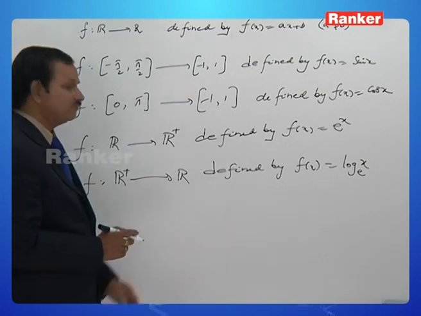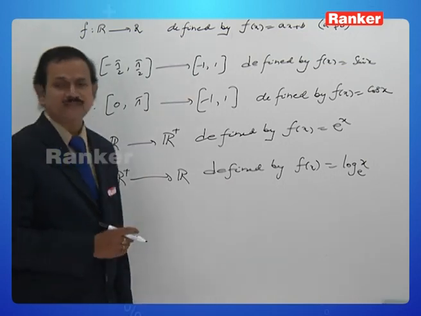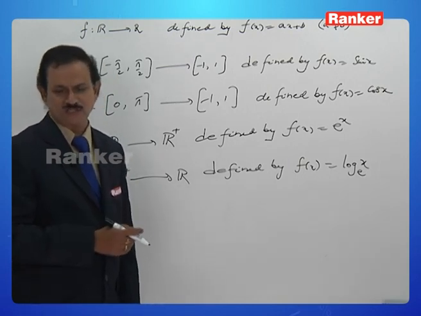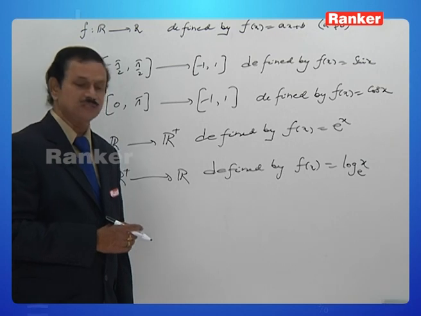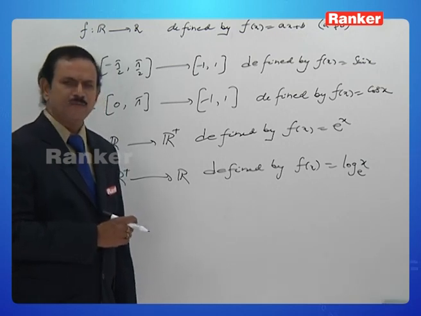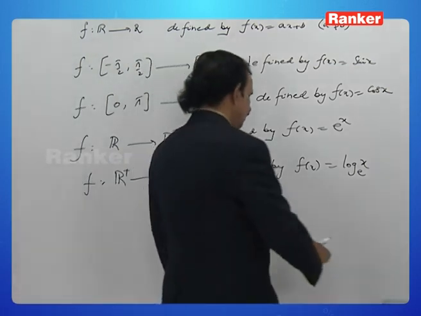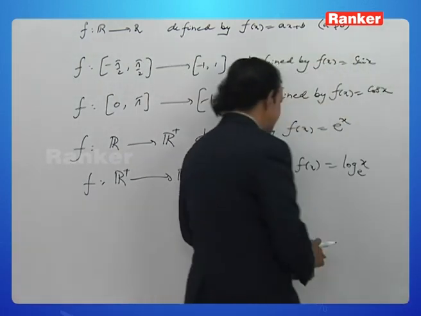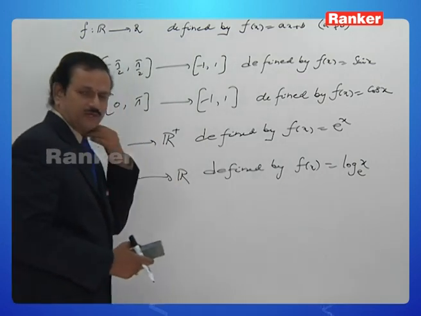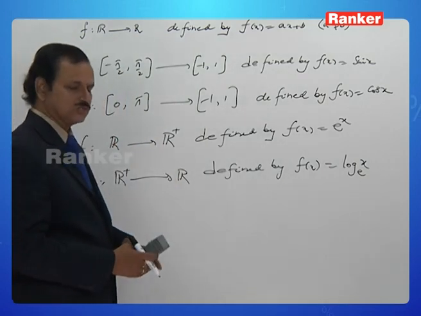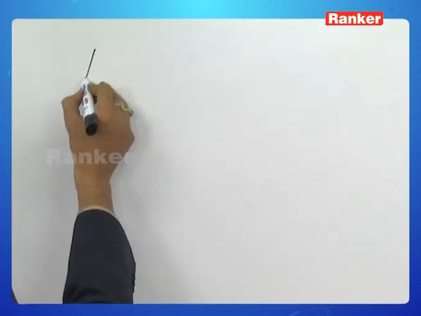In a similar fashion, we can observe for tan x, sin inverse x, cos inverse x, and all the other trigonometric functions also. Those things will come under the heading of domains and ranges of functions. These are familiar bijections. Not only this, we can have so many other functions which we come across while solving numerical problems.